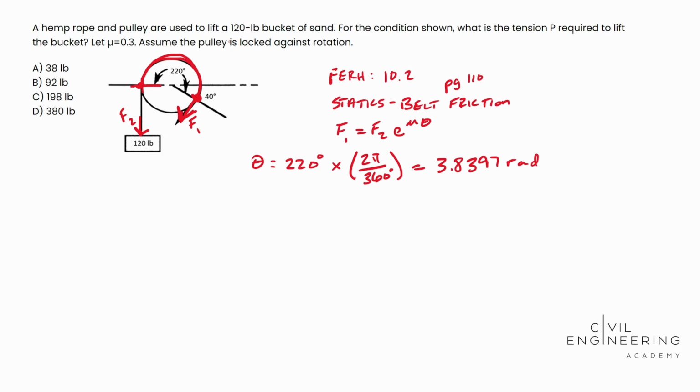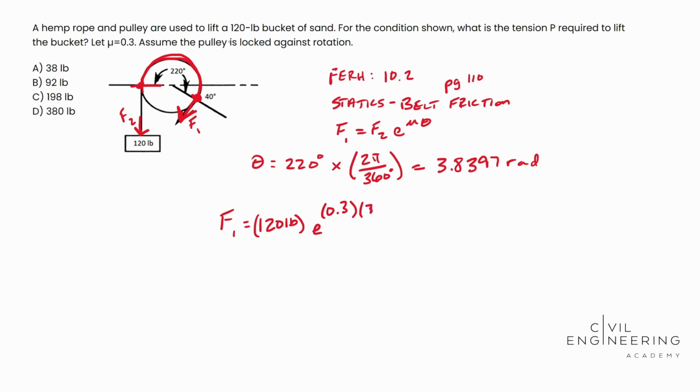All right, so now we need to plug and chug. F1, we don't know that. We're solving for that. It is equal to, let's see, 120 pounds. Remember, that's F2. That's our force against our motion. We're going to multiply that by e, and then we need to raise that e to our mu, our coefficient of static friction, 0.3. And then we need to multiply that by our angle of contact.